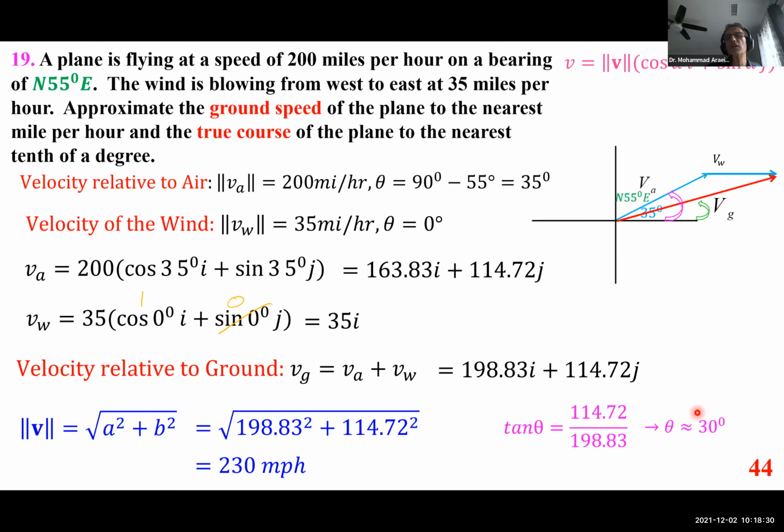So if this is 30 degrees, that means this angle is 60 degrees, right? So we are doing 230 miles per hour. Here's north, here's east. So northeast. The angle in between is 90 minus 30 or 60 degrees. We have the speed and we have the angle.